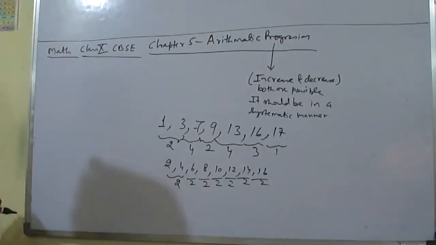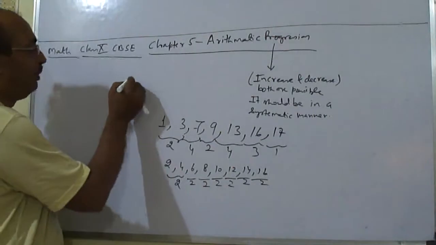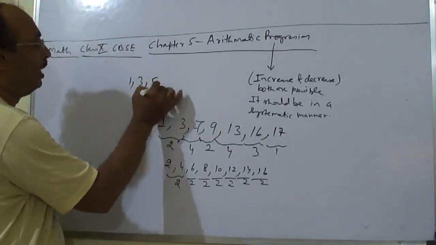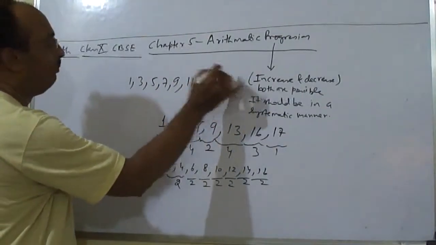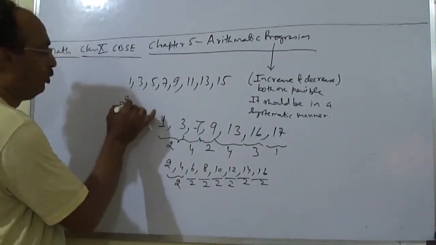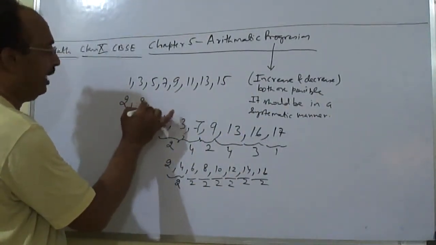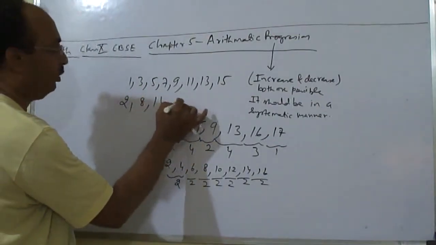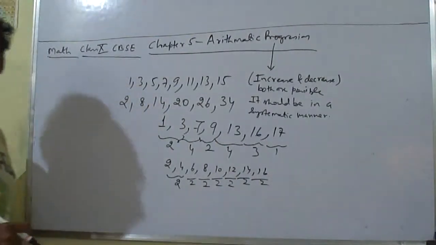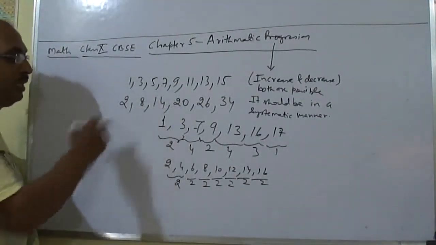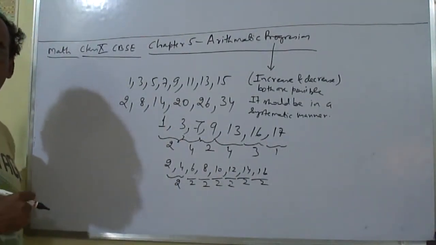Take another example: 1, 3, 5, 7, 9, 11, 13, 15, and 2, 8, 14, 20, 26, 34. Can you say whether these are arithmetic progressions or not?